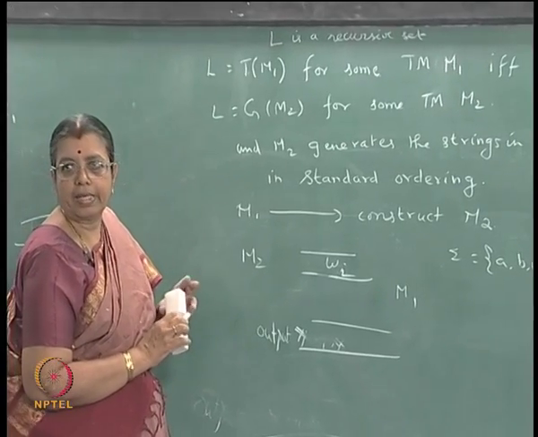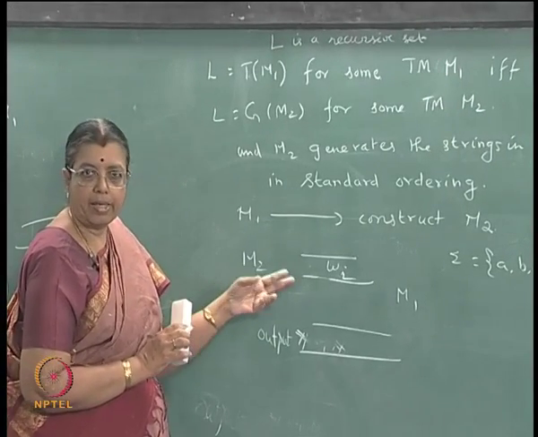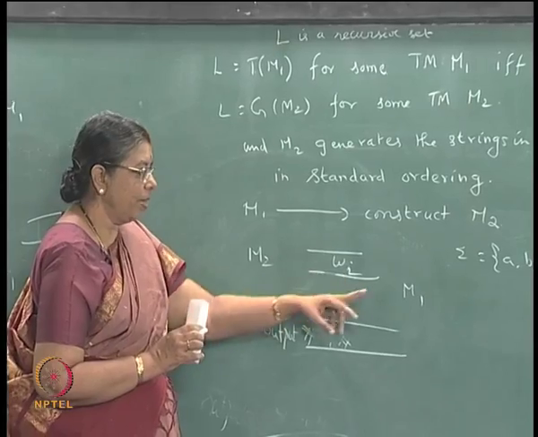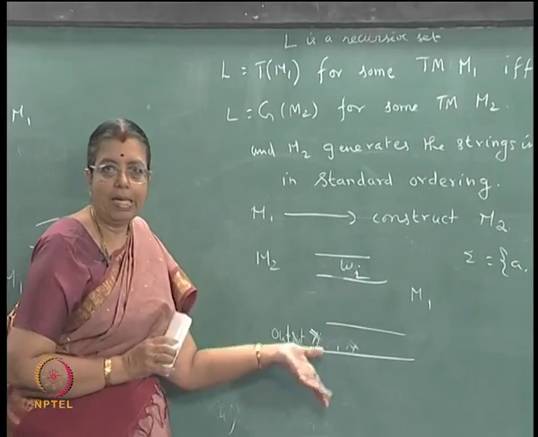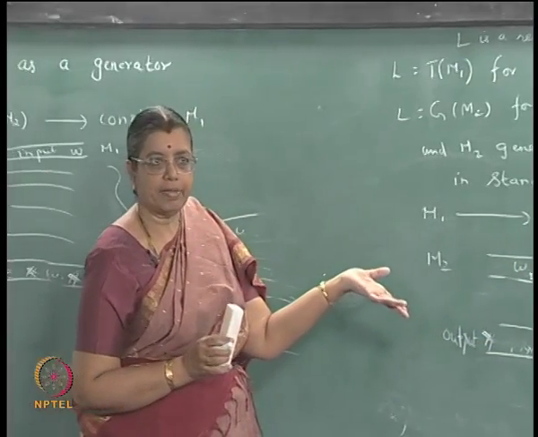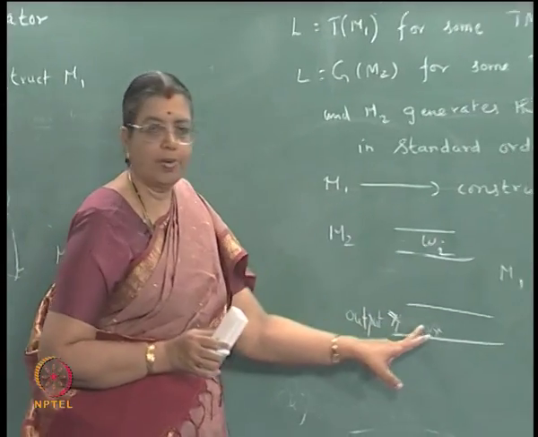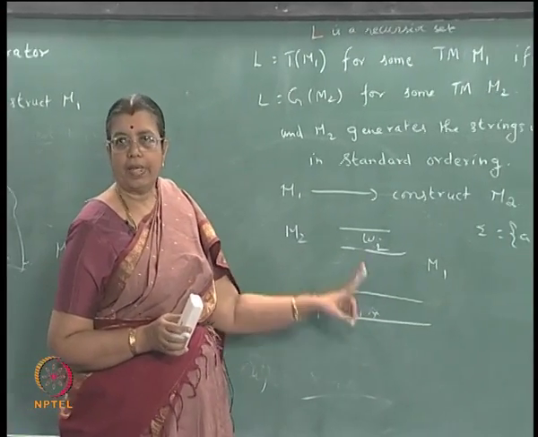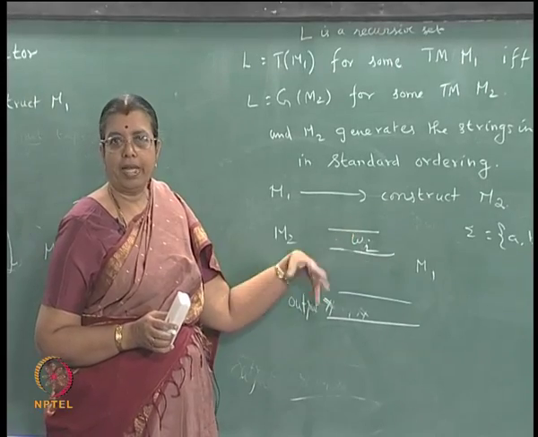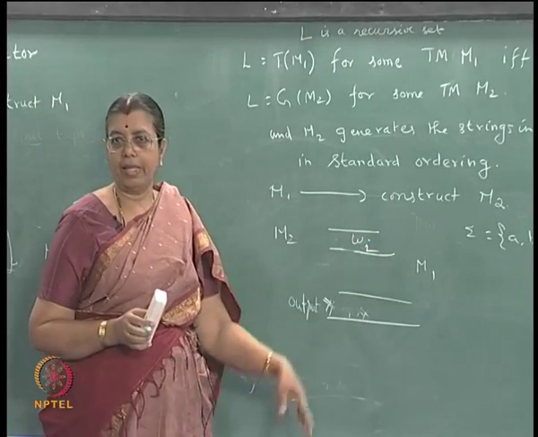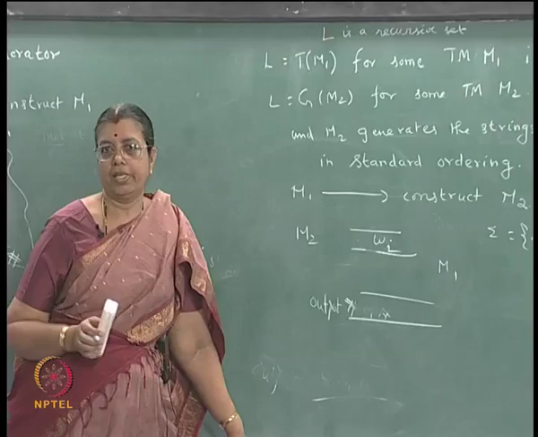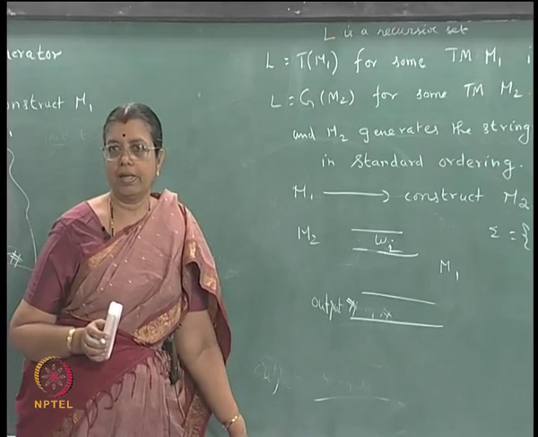Write the next one in the enumeration, simulate M1 with this; ultimately it has to halt because it is a recursive set. When it halts, if it accepts, write it between two hash symbols. If it does not accept, leave it and go to the next string in the enumeration. Is that clear?